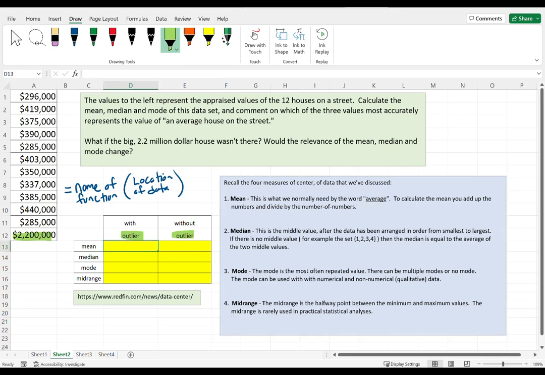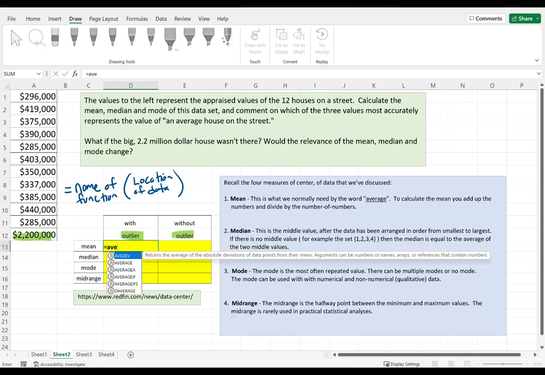Okay, so our Excel function for mean is average. So we'll type in equal average. And then the location of the data, all of those house prices, are in locations A1, which is this first cell, through A12, which is this cell. So we'll do A1. Remember, colon means through, starting with A1 and up to A12.